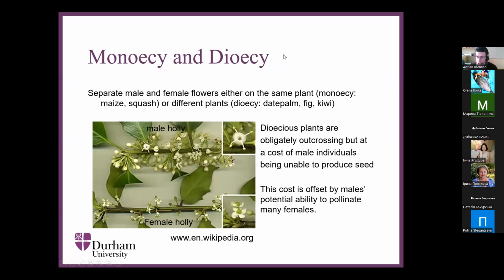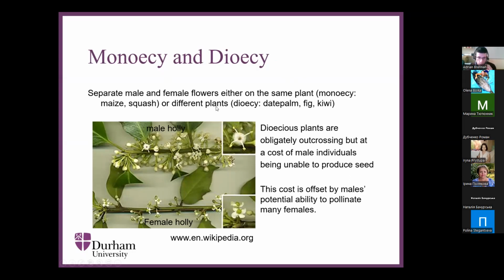Another way to ensure outcrossing is to become either more completely male or female. Either the flowers become completely male or female, and they can still be on the same individual, but they're separated in separate flowers now, or the whole plant can become male or female. And there are plenty of examples of both of those kinds.